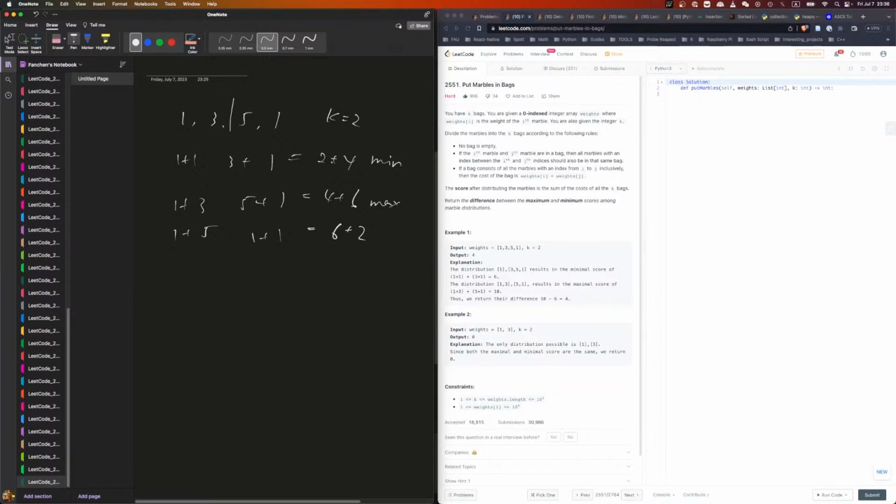The maximum score and the minimum score, and the difference between the two. Yeah, let's say we have a minimum score, okay. And then we have a maximum score, okay. And the difference between the two.